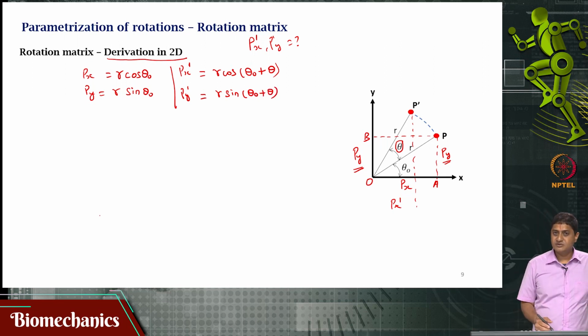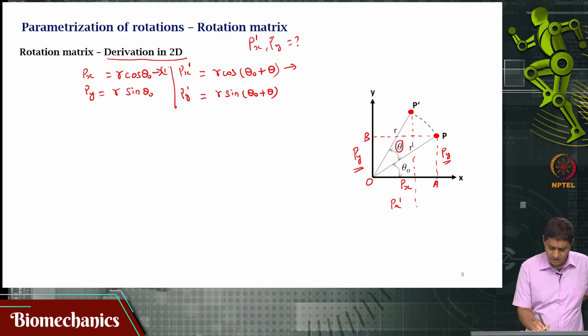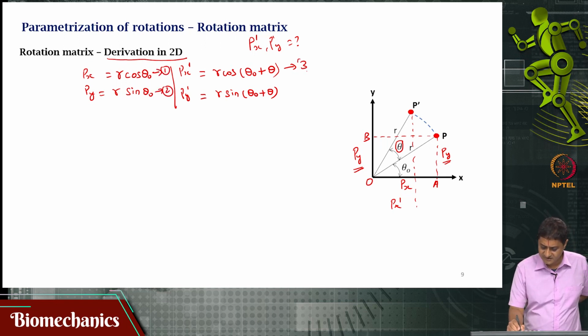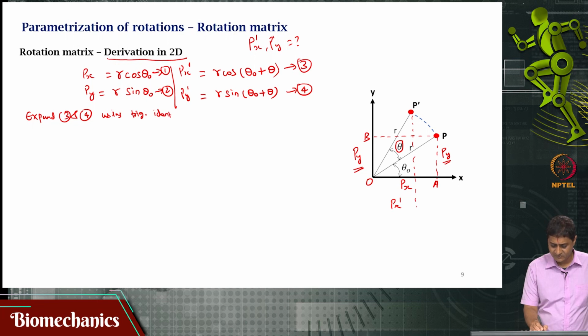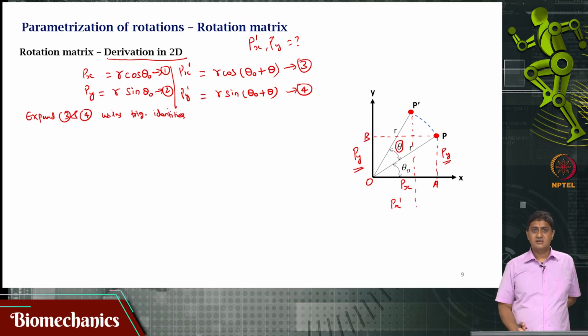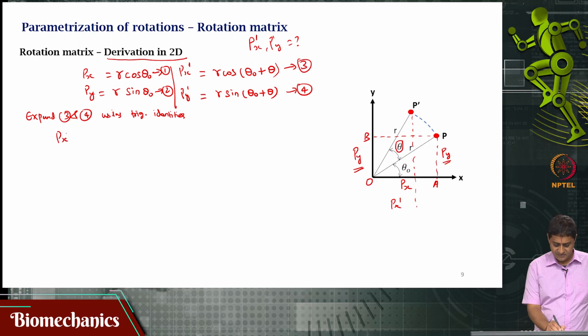Using trigonometric identities, I can expand these two equations. Let's name all of them. I am going to call this 1, this 2, this 3, and this 4. Expand 3 and 4 using trigonometric identities, because you know what cos of a plus b is, what sin of a plus b is.